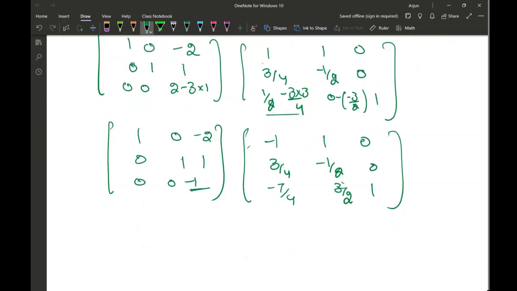Because I wanted to get rid of this negative, I'm going to multiply this row by -1, and the value will become 1 0 -2, 0 1 1, 0 0 1.